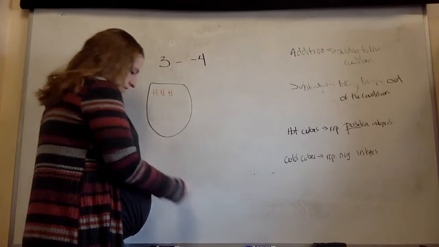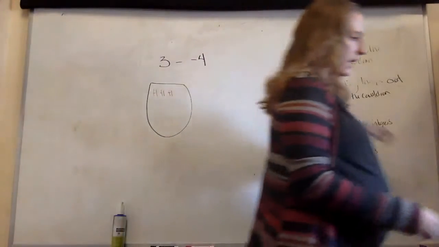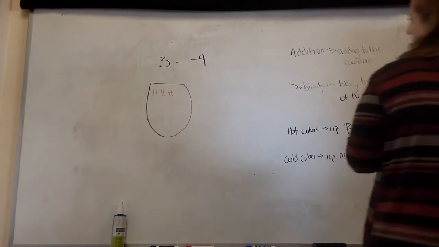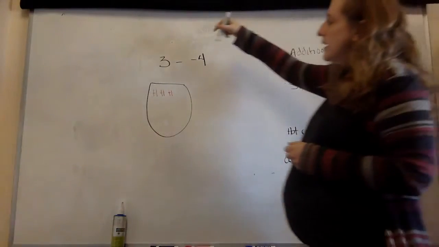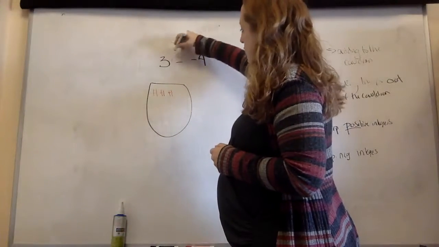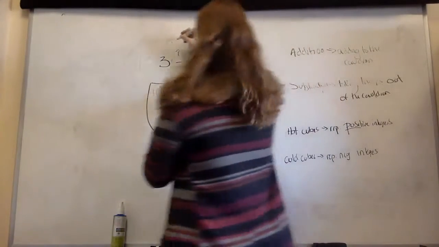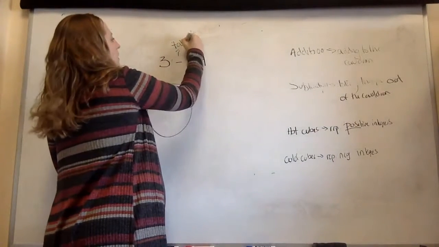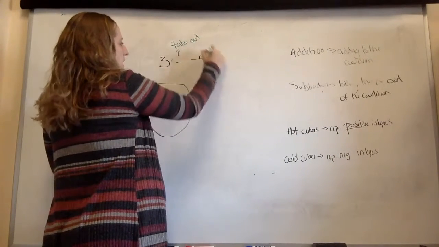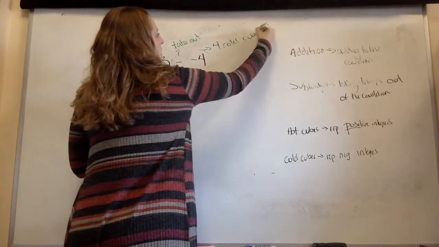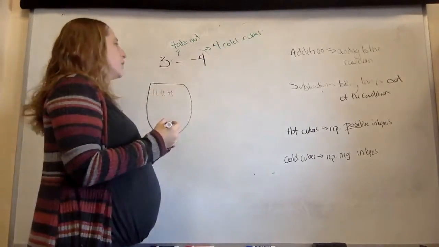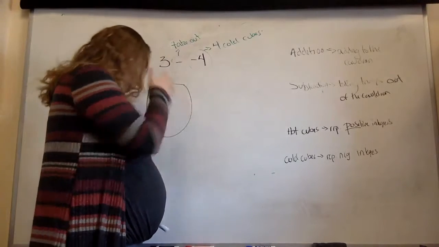Now that's great, but if I'm thinking about the meaning behind 3 minus negative 4 in terms of the chef story, this subtraction means take out, and this negative 4 means 4 cold cubes. So to represent 3 minus negative 4, I want to take out 4 cold cubes.